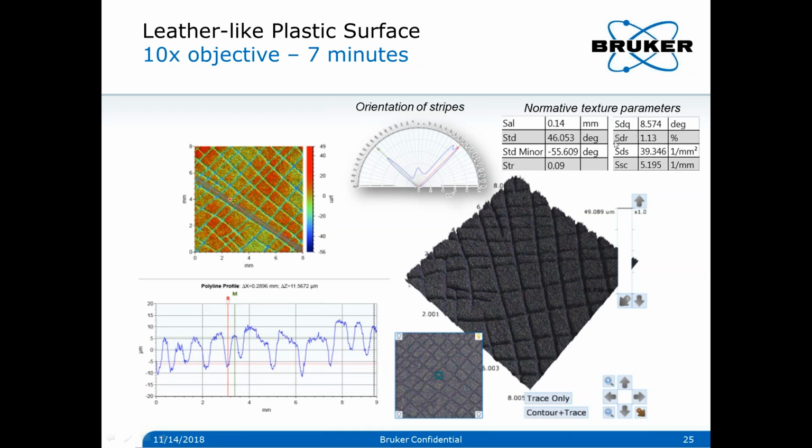You can also use the Sdr, which is the developed area. So instead of having a perfectly flat surface, you develop a certain area, which certainly helps to understand, for instance, how much the surface will capture dust and how dirty it could become.